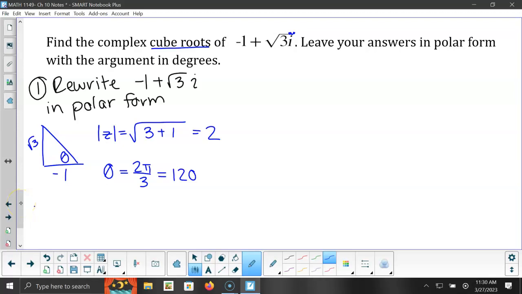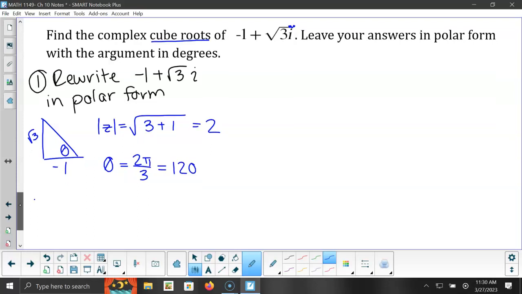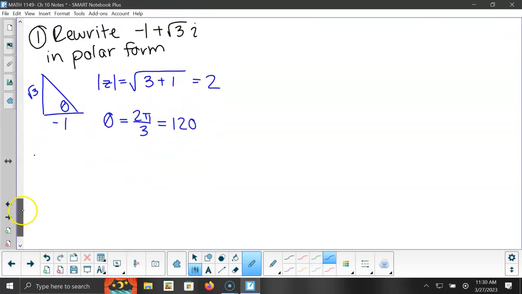So remember we did the 1 plus root 3i, or root 3 plus 1i earlier, and that gave us the 30 down here. This is literally just a 30, 60, 90. Alright, so all of this works out to being 2 cosine of 120 plus i sine of 120. Still step 1, yep.